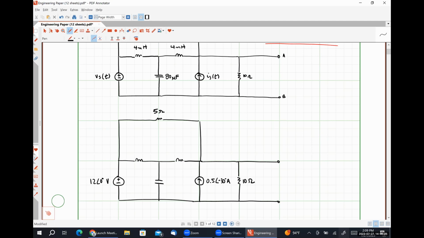What about an inductor? What is the impedance of an inductor in terms of the inductor value? So that is the time domain representation, but we need the frequency domain representation, right? You're saying that V is L di by dt, which is our time domain relationship.